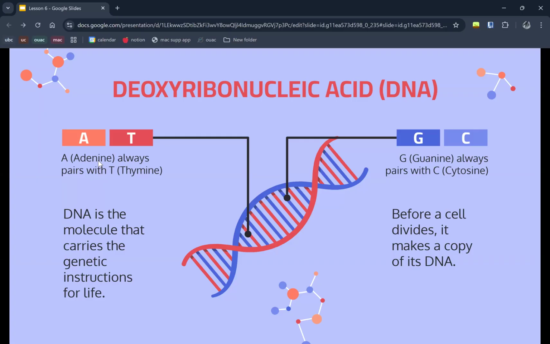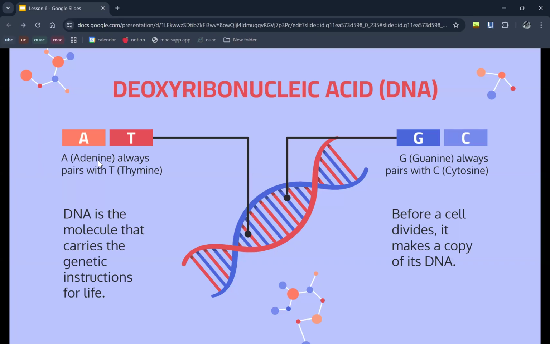It's a double helix, which means it's like a twisted ladder, and the rungs of the ladder are made up of pairs of nucleotides. There are 4 nucleotides in DNA, represented by the letters A, T, C, and G. A is adenine, T is thymine, G is guanine, and C is cytosine.